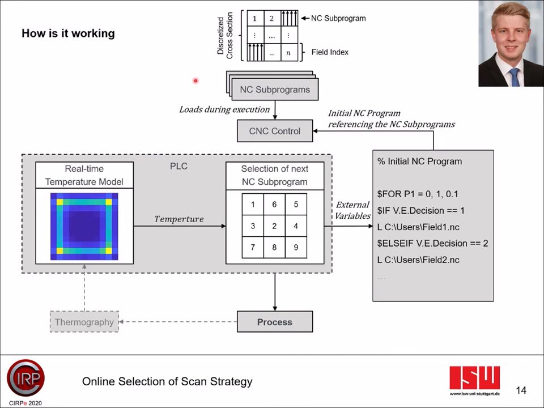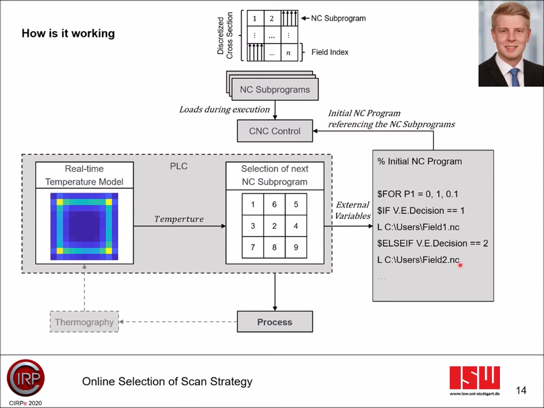For this purpose, a three-dimensional model is cut into layers and an island scanning pattern is applied using a conventional slicer. Each island is subsequently stored in a separate NC program. A main NC program in turn references all the subprograms like shown here.